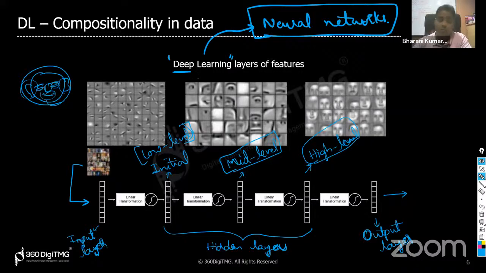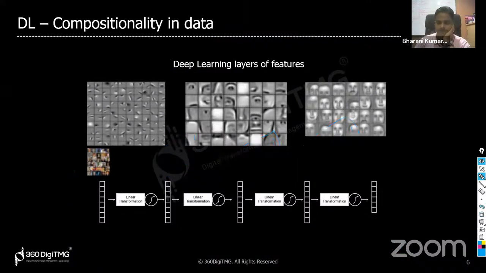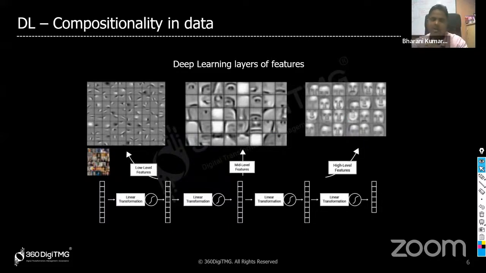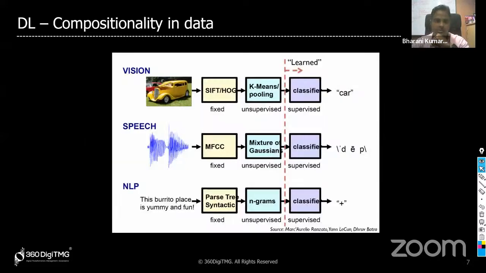It would take a huge amount of time if you keep increasing the hidden layers. Okay. So now that we have a high level understanding that we have low level features, mid level features, and high level features which are captured, let's spend some more time to understand this.